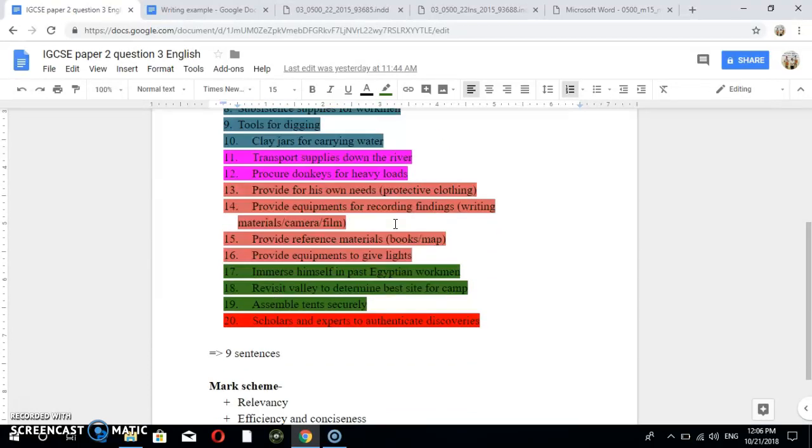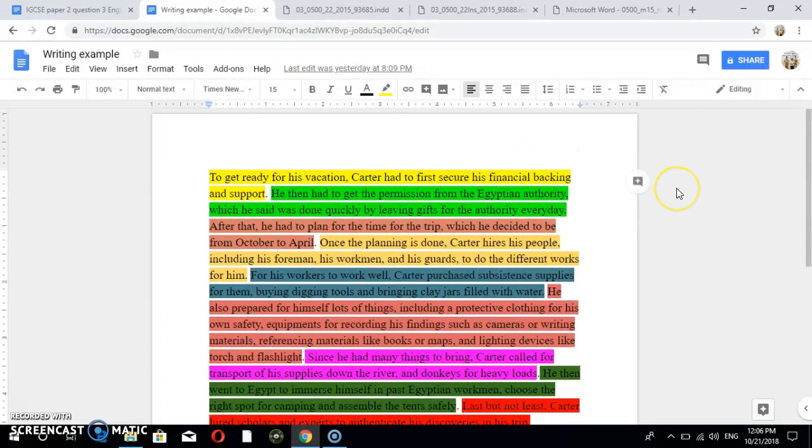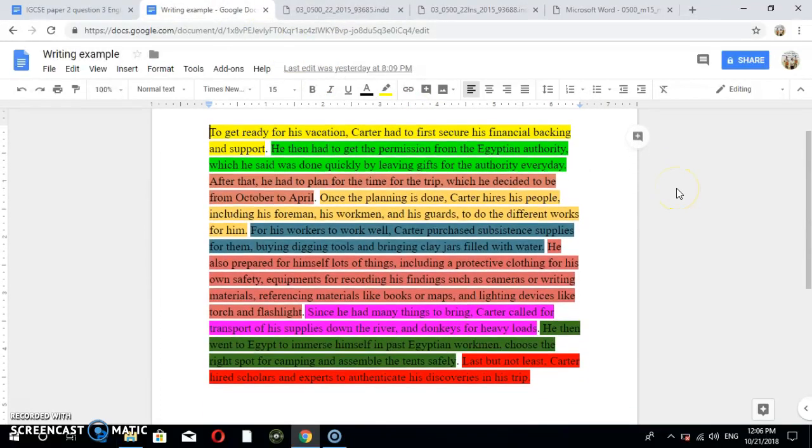Second, you're going to aim for the 5 marks by writing relevantly, efficiently, and concisely. Now I have my example right here. I think that should be from 200 to 250 words. So you can have a look at that and decide what you're going to do with your writing.